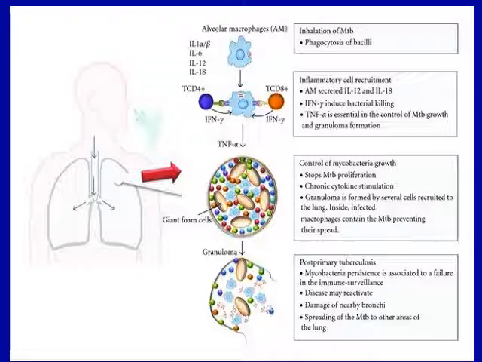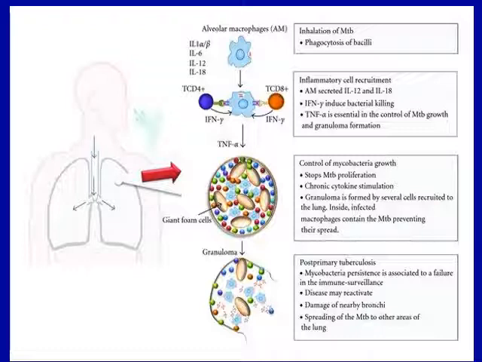This interleukin 12 and 18 results in the stimulation of inflammatory cells, which come to the site of the lesion. So the alveolar macrophage secretes interleukin 12 and interleukin 18. Interferon gamma, which is secreted by the lymphocyte, induces bacterial killing.